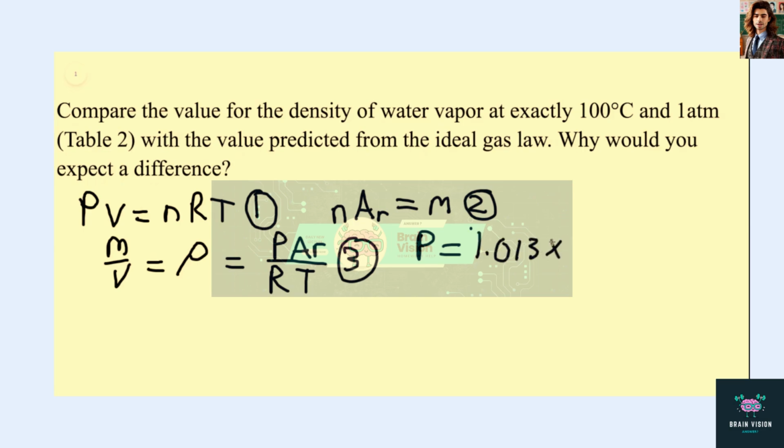In the question, this is at 1 atmosphere of pressure, so P is equal to 1.013 times 10 to the 5 pascals, which is the same as 1 atmosphere. The temperature is given as 100 degrees Celsius, which is 373 Kelvin.